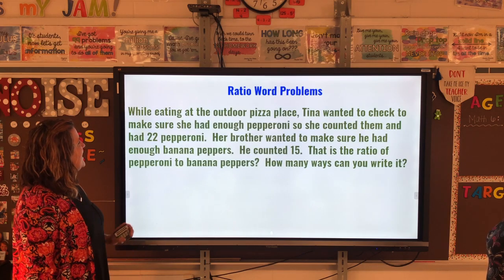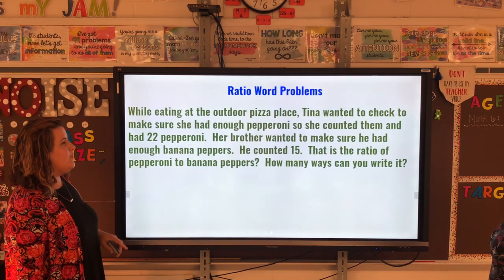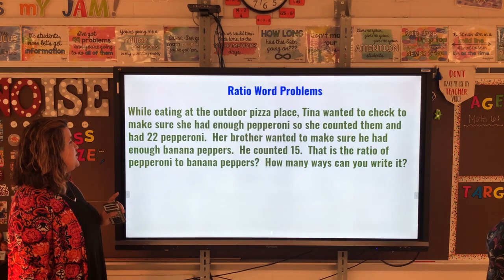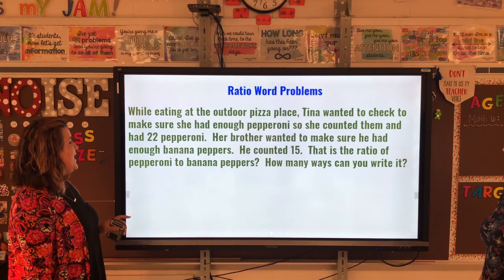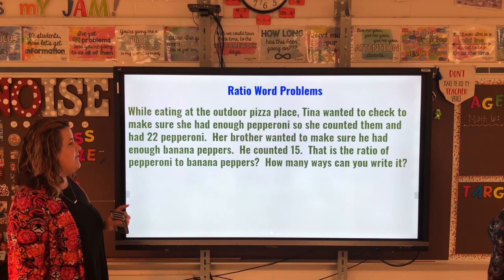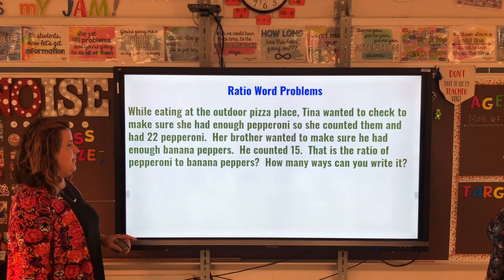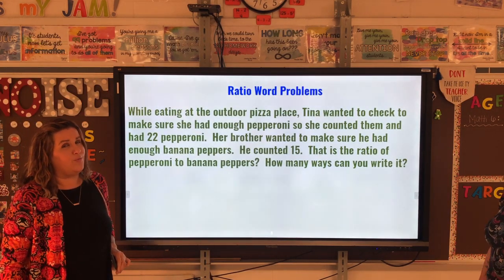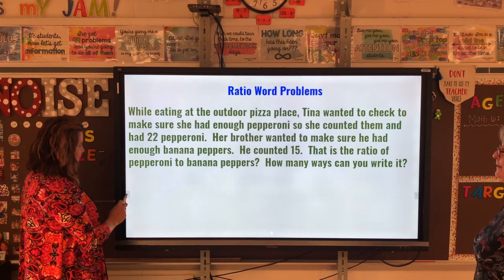All right. While eating at the outdoor pizza place, Tina wanted to check to make sure she had enough pepperoni. So she counted them and had 22 pepperoni. Her brother wanted to make sure he had enough banana peppers. He counted 15. What is the ratio of pepperoni to banana peppers, and how many ways can I write it? All right, that's a lot of words for just a very simple problem, right?